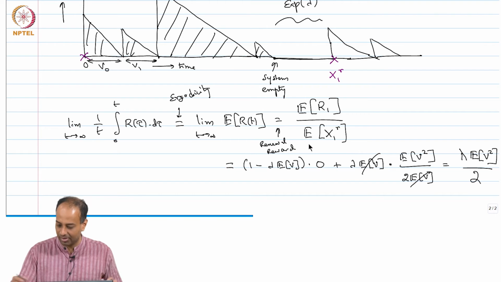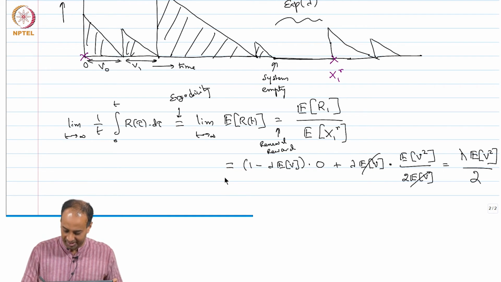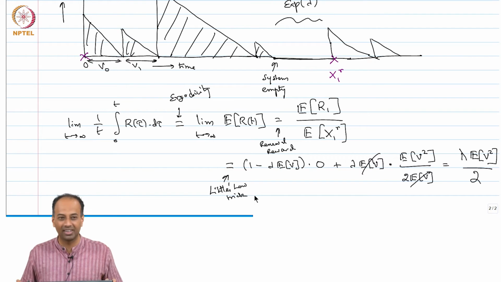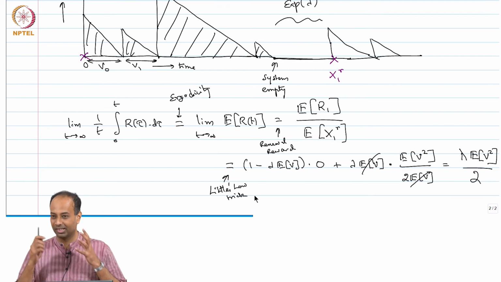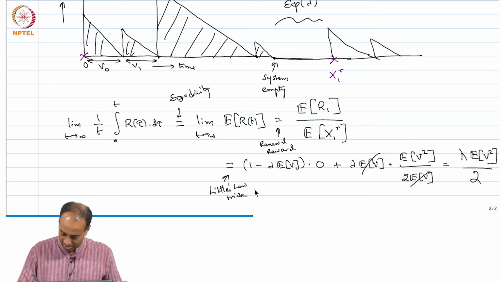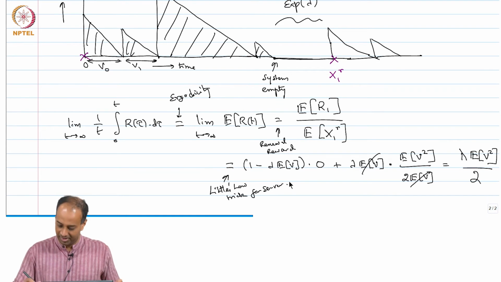You can calculate this ratio directly. I am just making a Little's law trick here. Basically, Little's law trick meaning I am looking at Little's law for the server. So, this is another way to calculate things.